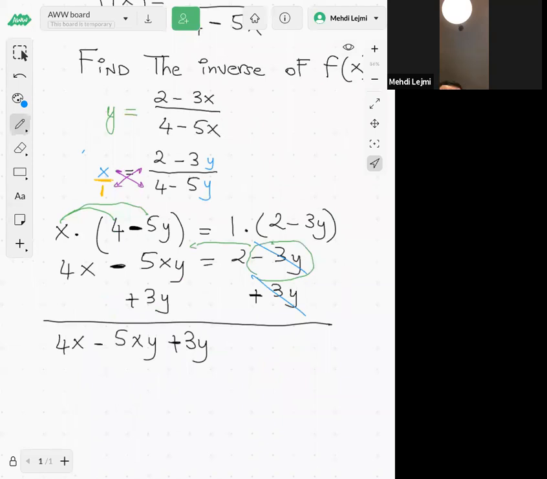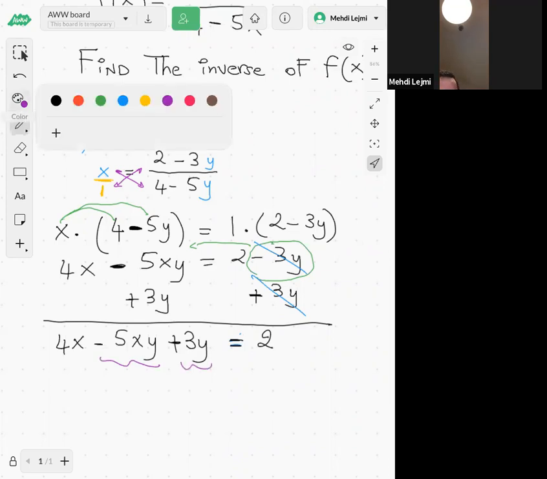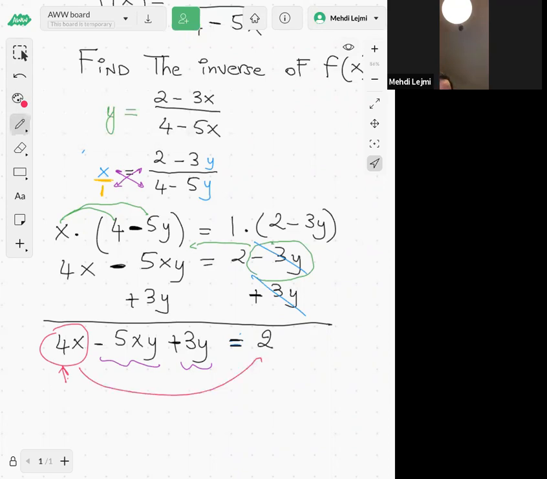Minus 3y plus 3y, so it cancels out. So it's just equal to 2 here on the right side. Okay. Now, guys, I got all my y's on the left side, right? But there is this 4x. Here there's no y, so I need to move the 4x to the other side.